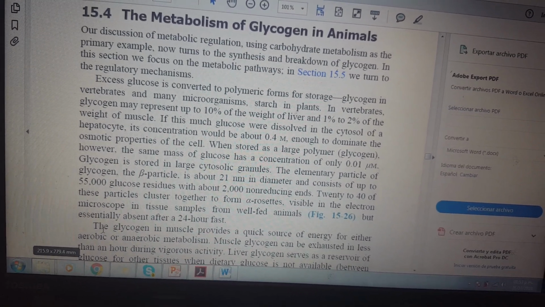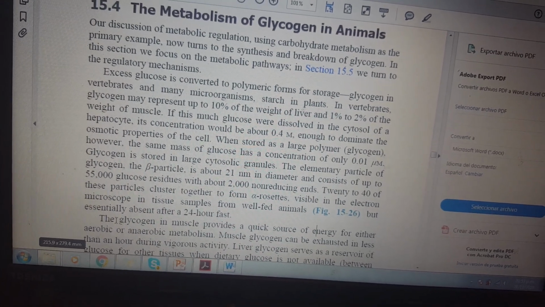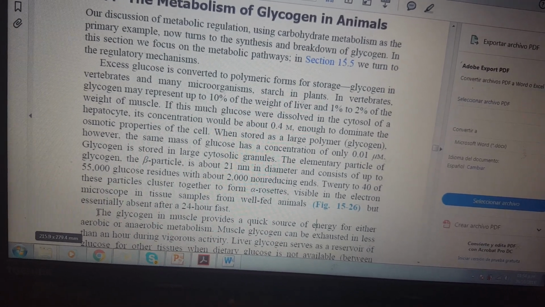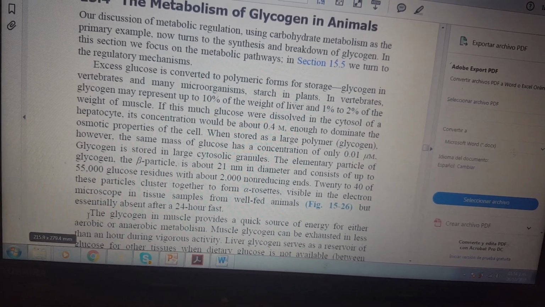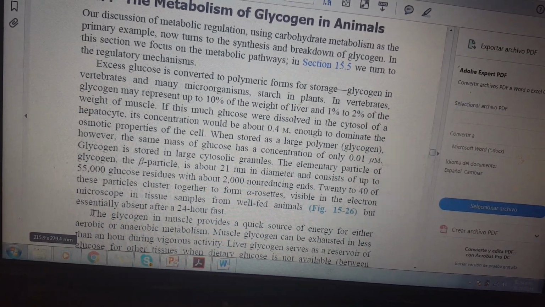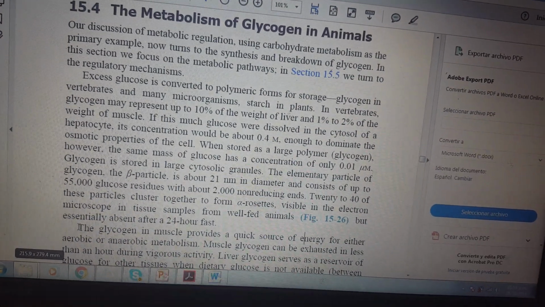Another thing is that glycogen in muscle provides a quick source of energy for either aerobic or anaerobic metabolism. That's why when we do excessive exercise, we demand a greater amount of oxygen and glucose.